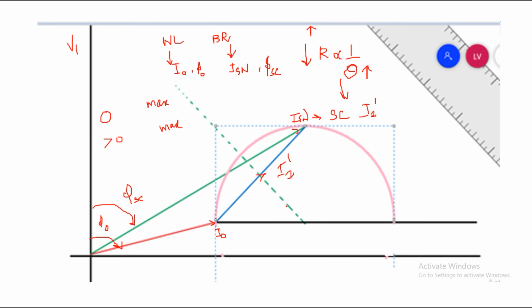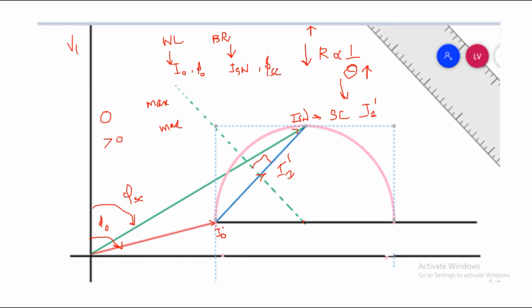If you are not aware of using a compass for taking a perpendicular bisector, we know the logic that a perpendicular bisector will always pass through the exact center of the line. So make sure that by using a protractor we ensure 90 degrees between this I2 dash and this perpendicular bisector line. So after taking the perpendicular bisector line, by taking this point as center, and at the tip of that I0 only, we have to take the locus diagram for I2 dash.